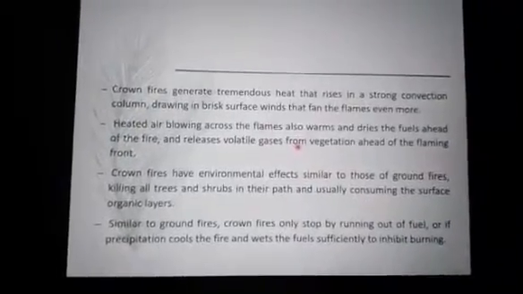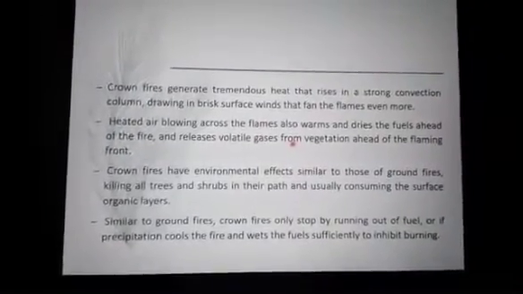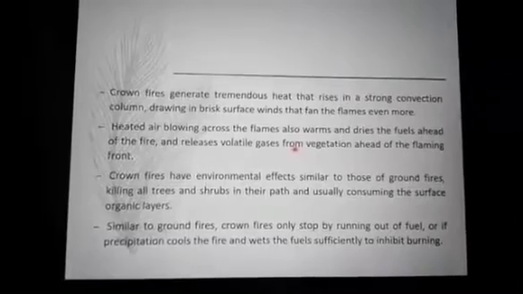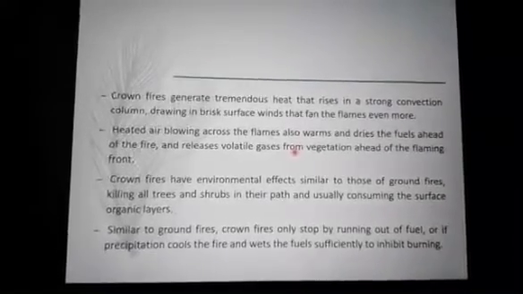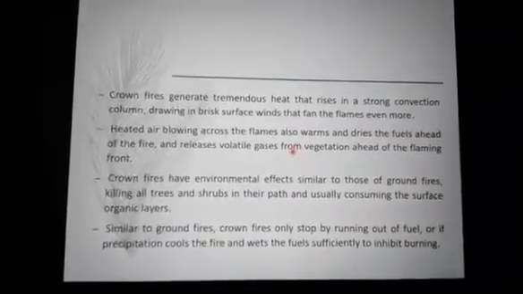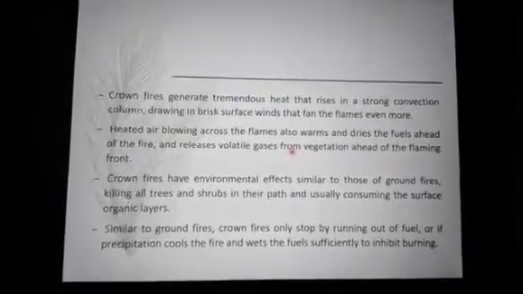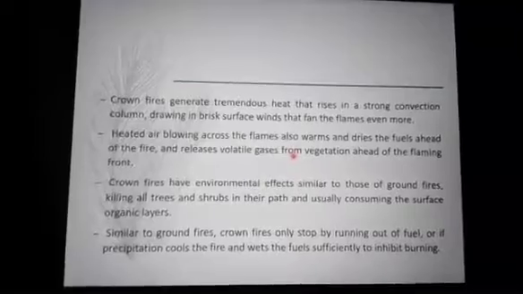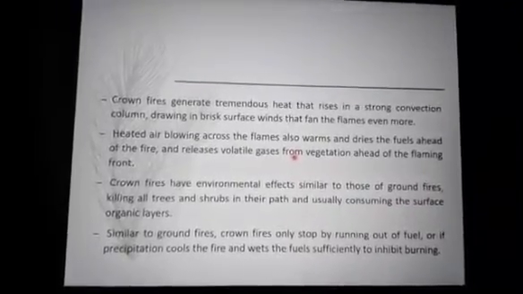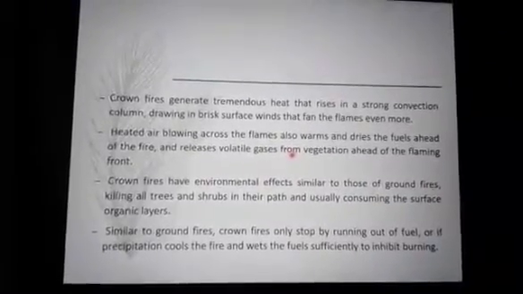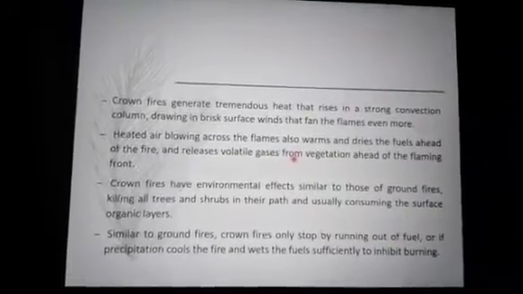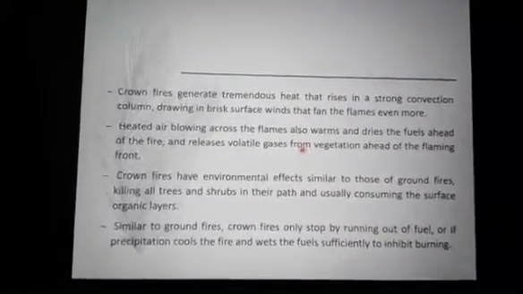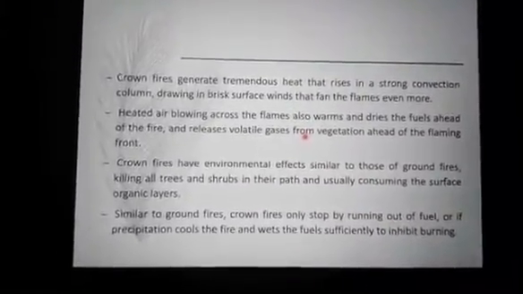The crown fires have environmental effects similar to those of the ground fires, as you will see, by killing all the trees and the shrubs in their path. Similar to ground fire, the crown fires only stop by running out of fuel, or if precipitation cools the fire down or wets the fuel sufficiently.